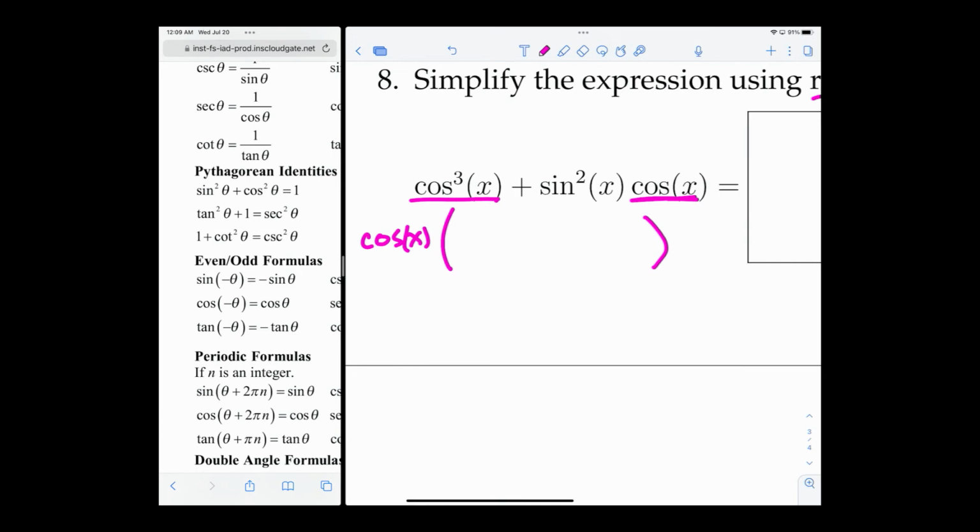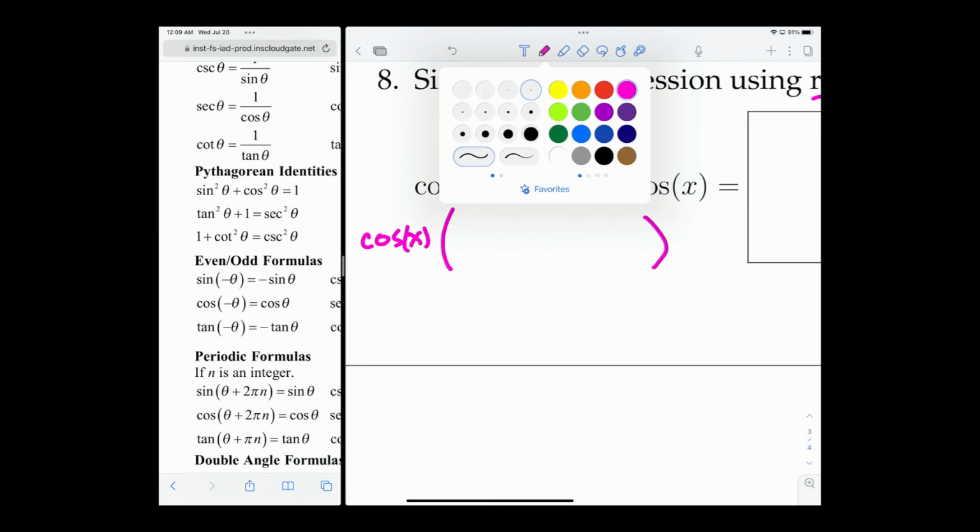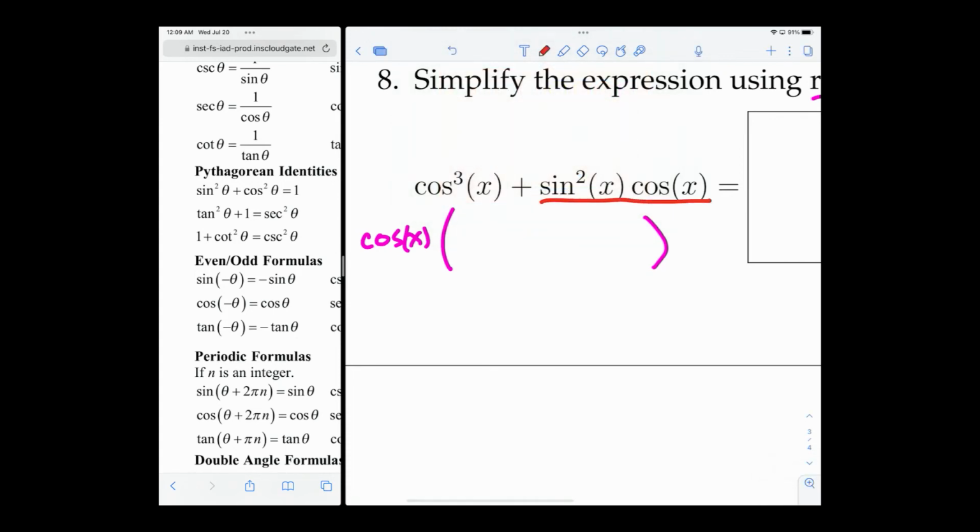If you take one cosine away from this term, then that'll be gone. If you take a cosine away from the cosine cubed, it'll turn into a 2. So you'll be left with cosine squared x plus sine squared x, like that.